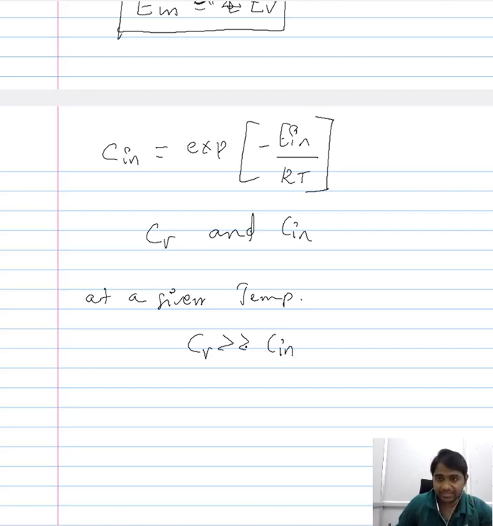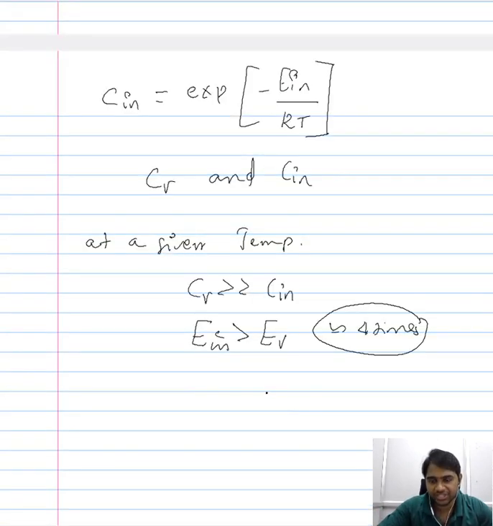And this primarily stems from the relation that the energy required for the formation of interstitial atom is significantly higher than the energy required for the formation of vacancies. It is close to 4 times. So this is again an experimental observation.